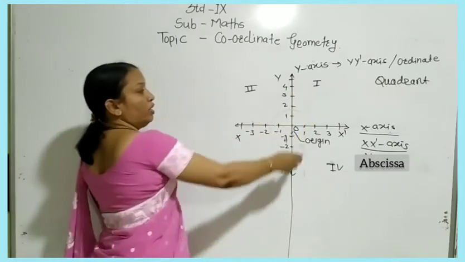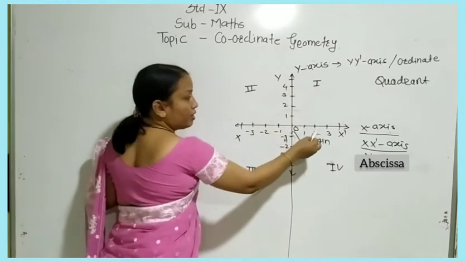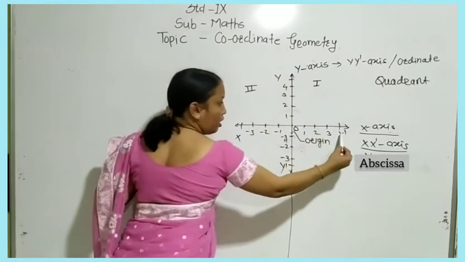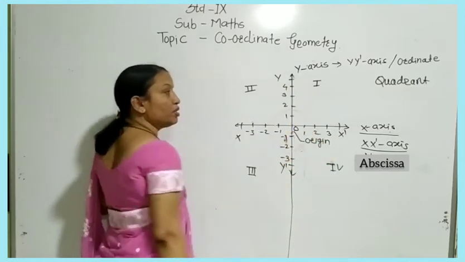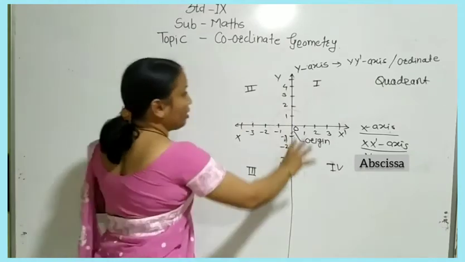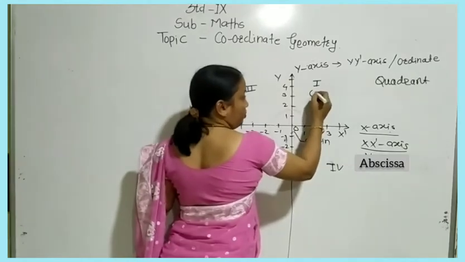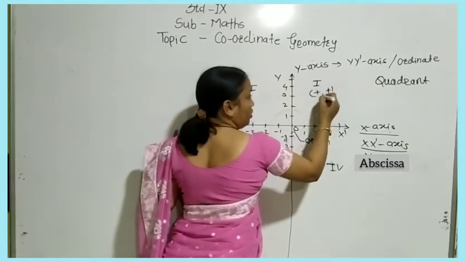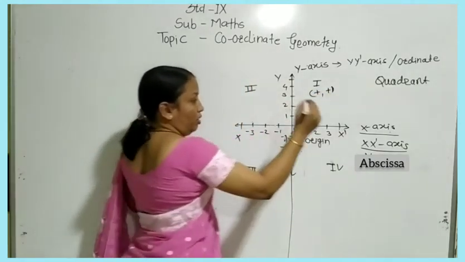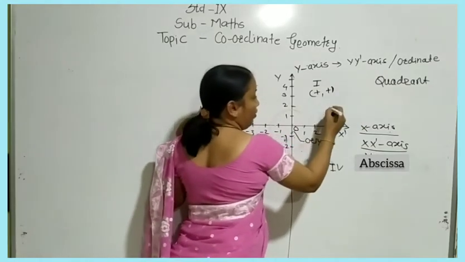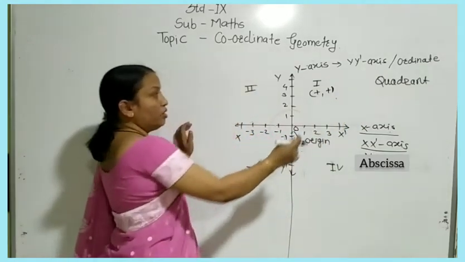What you can observe in the first quadrant: on the x-axis all the numbers are positive and on the y-axis all the numbers are positive. So whatever point is in this quadrant will have coordinates positive, positive. Coordinates means whenever you locate any point, that we will see next.